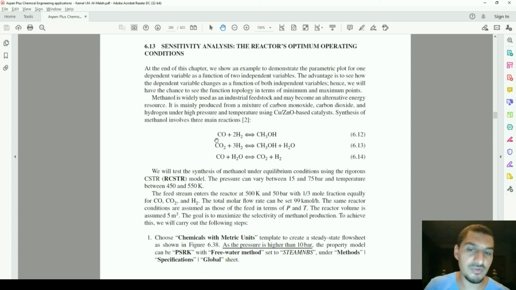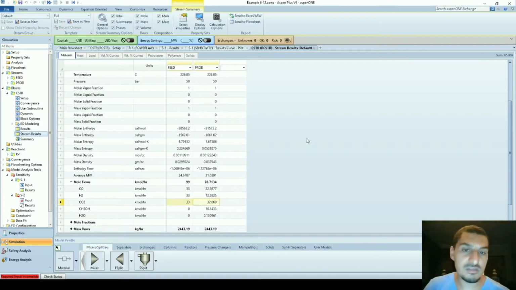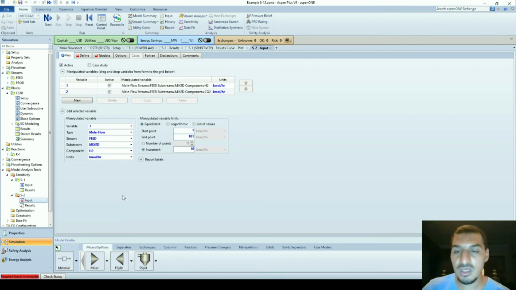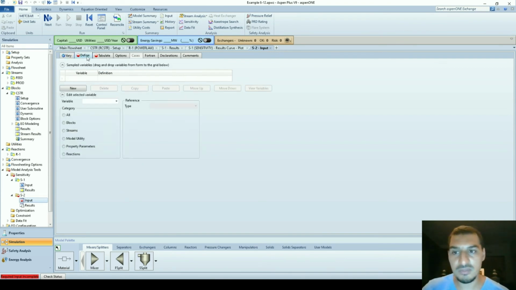So I prefer to not increase the CO2 and depend more on the very first reaction, the production of methanol. This is my intuition based on the results of the first run. You can depend on it while doing the sensitivity analysis, or you can do it for the whole range, if you like. It's up to you.